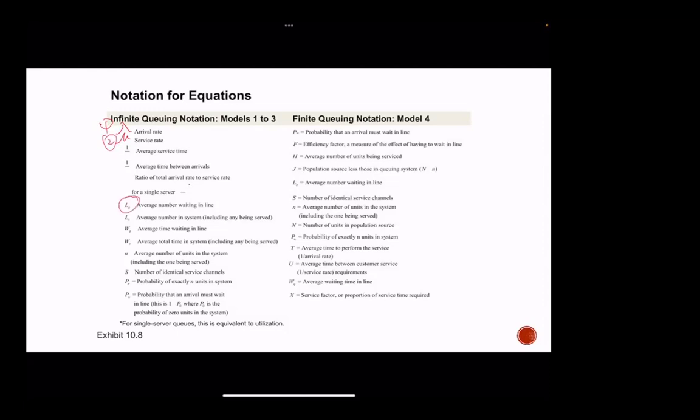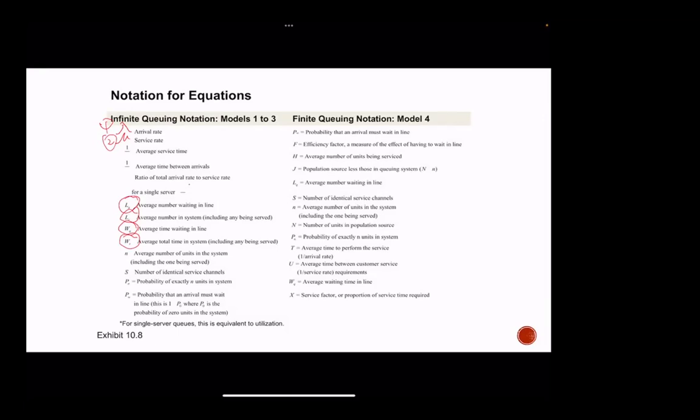And Lq, Ls, Wq, Ws are the other 4 things you need to figure out how to calculate. Lq means the average number waiting in line, while Ls means the average number in the system. Wq means the average waiting time in line, and Ws means the average total time in the system.